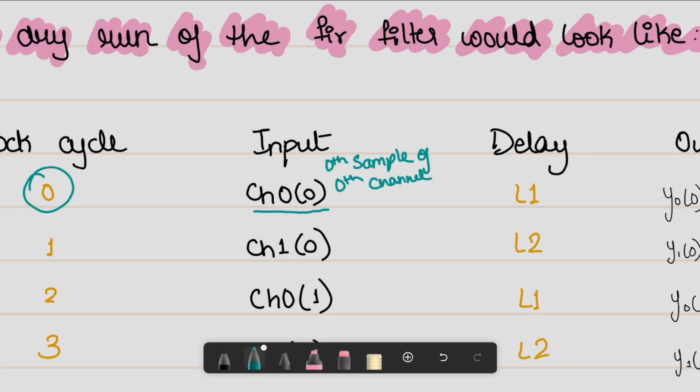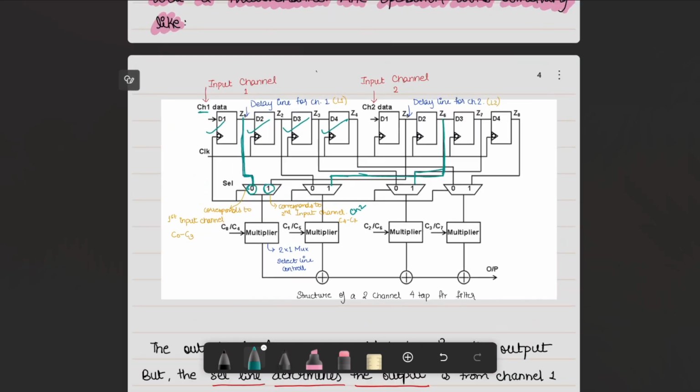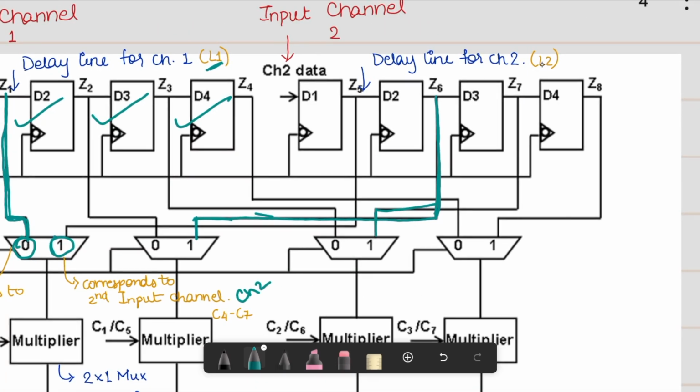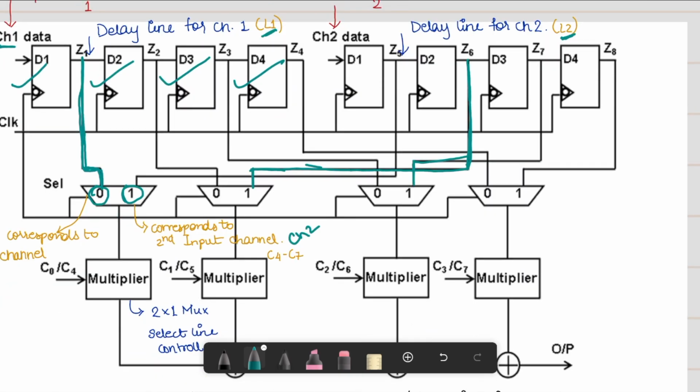This uses a delay line of L1. L1 over here represents the delay line for channel 1, and the L2 over here represents the delay line for channel 2.